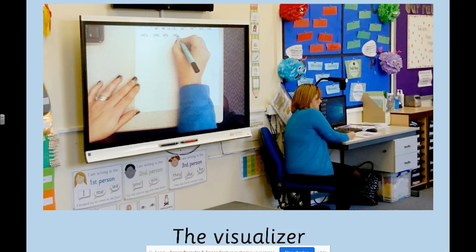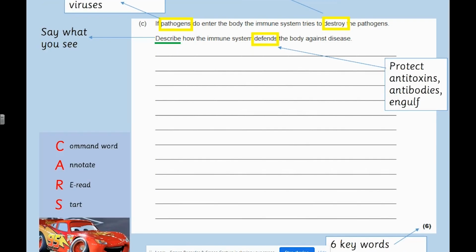Midway through a lesson, you circulate in the class, you find an excellent example of work, get it under the visualizer, showcase to students: this is what's required, this is what the outcome of this task looks like. So another mnemonic that's used to try and help students remember how to access questions, so a scaffold that is there for them as required, is CARS: command words, annotate the question, reread the question, and then star.